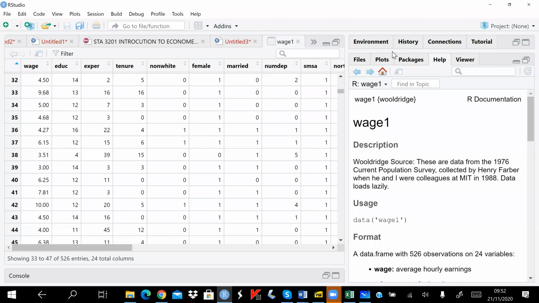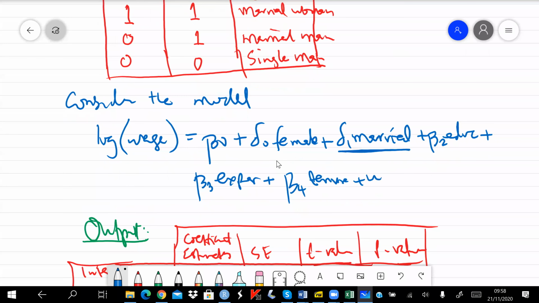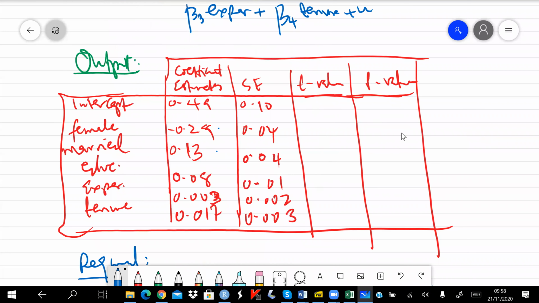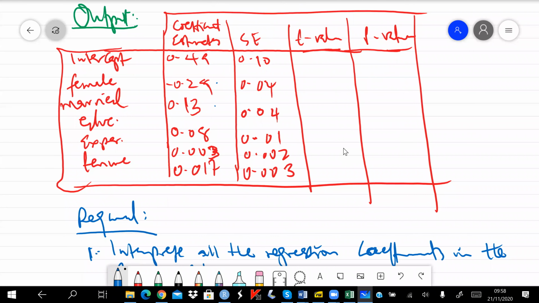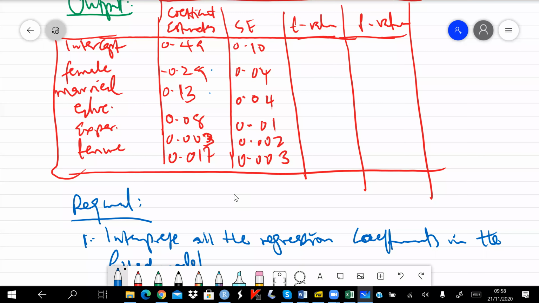So let's move on. Let's consider the output below, which comes from that model. I've left out the columns for T and P value. Those can be easily computed, but now we don't need them. Then the required, we have 2 parts. Interpret all the regression coefficients in the fitted model.